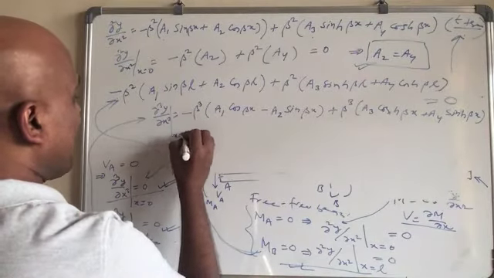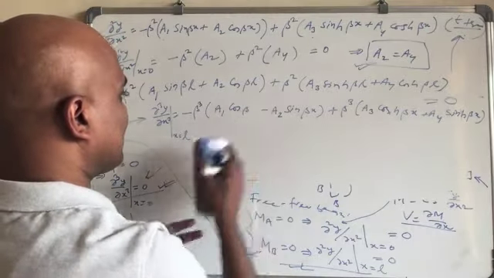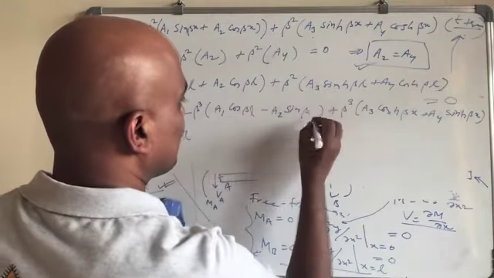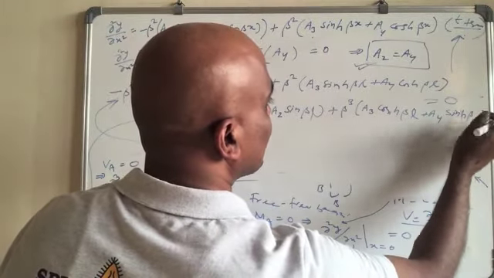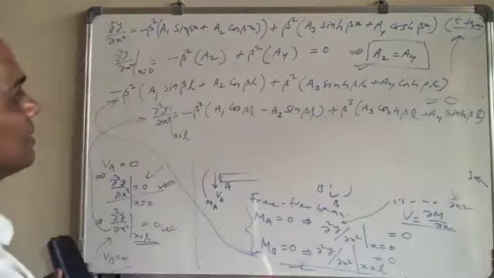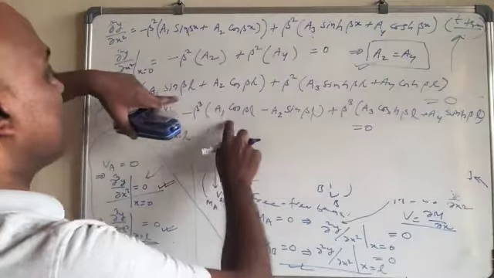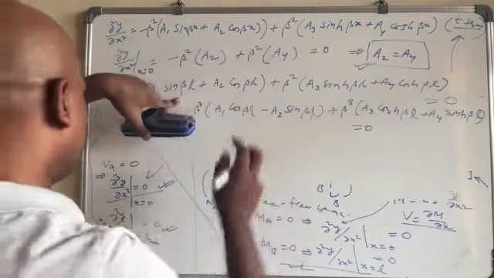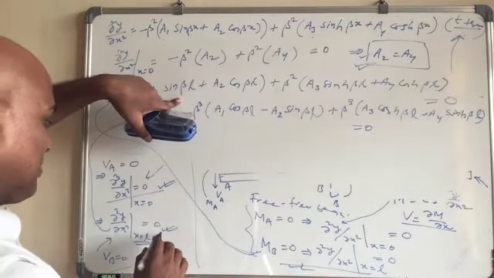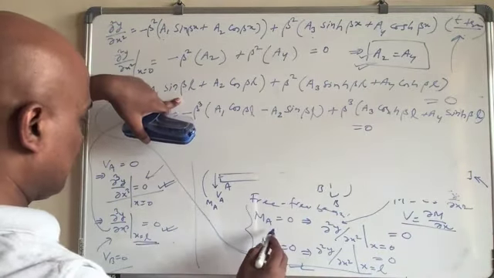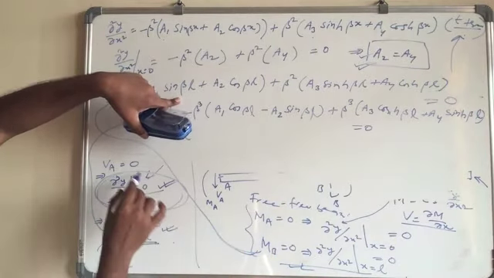At x equal to L, this is also 0, right? So we have, instead of x, we have L here, here L, and here also L, like that. Everything is equal to 0. So from these two equations, and also the coefficients you get from this also, at x equal to 0, what is the shear force?